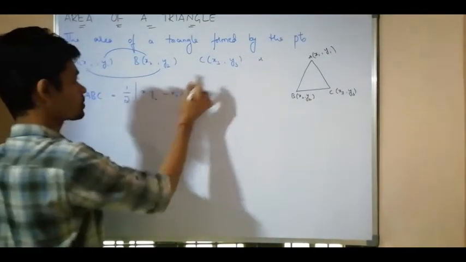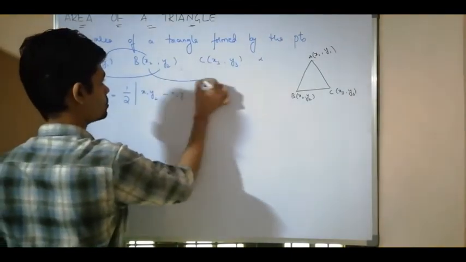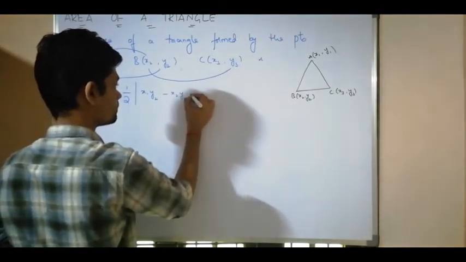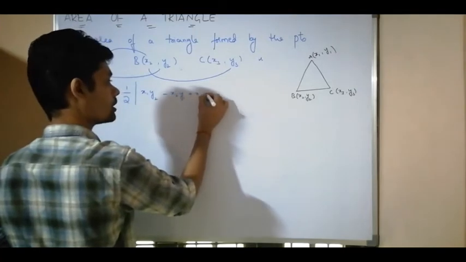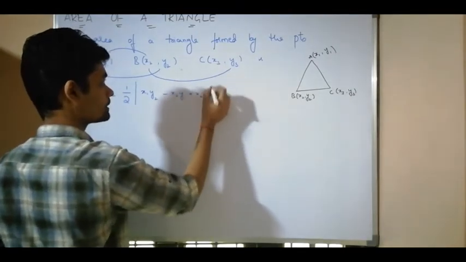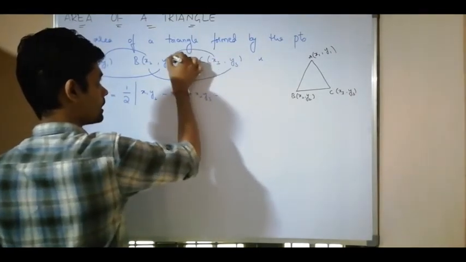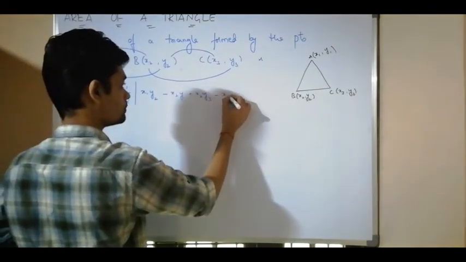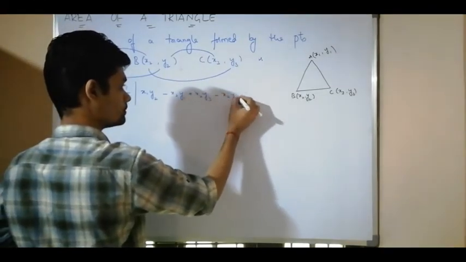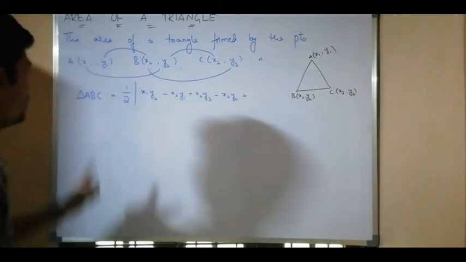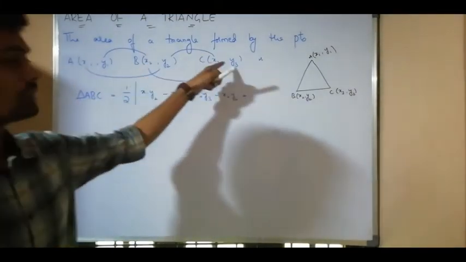Similarly with this one, x2 into y3 minus x3 into y2, plus AB completed, BC completed.